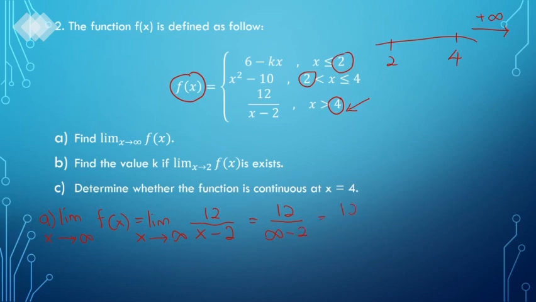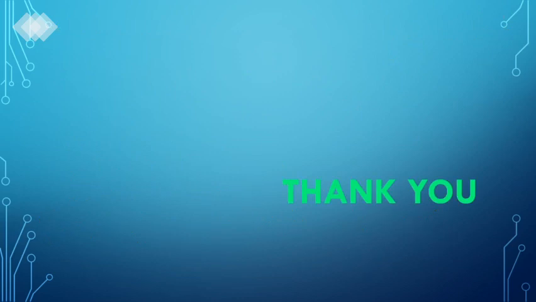So 12 over infinity, remember, is a big number. So a big number minus 2 is still big. So something over infinity is 0. Okay, so for B and C you can do it by yourself. Okay, thank you.